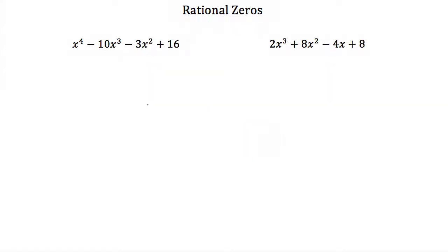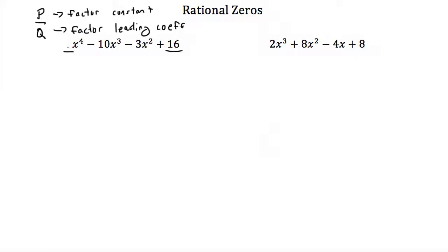So let's practice this. Remember, it's p over q, where p is a factor of our constant and q is a factor of our leading coefficient. So what are the factors of our constant and our leading coefficient?